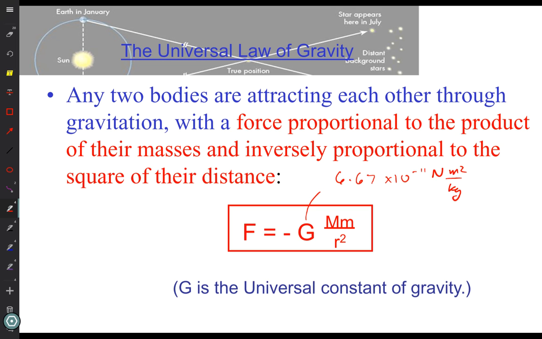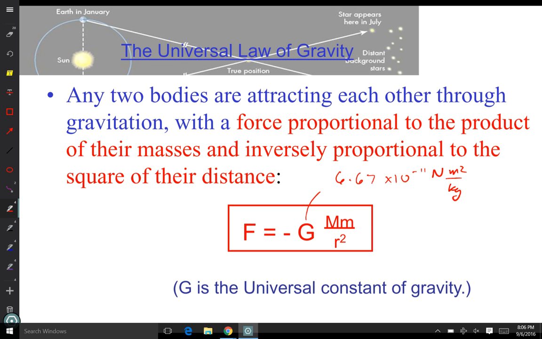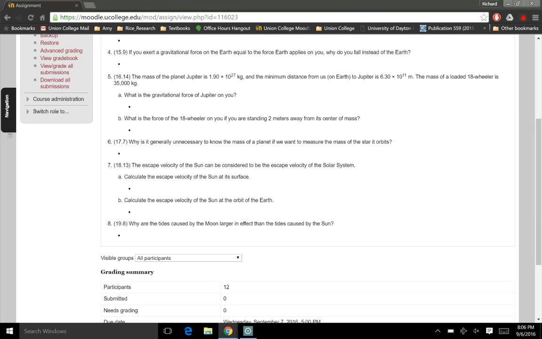But then it says, what about you in a semi? And so if we look back at that semi, I'm going to look back here so I can see the numbers. The semi has a mass of 35,000 kilograms, far, far smaller than the mass of Jupiter. But if you're standing 2 meters away from its center mass, now I should point out, if you're standing 2 meters away from the center mass, you're pretty close to the trunk.